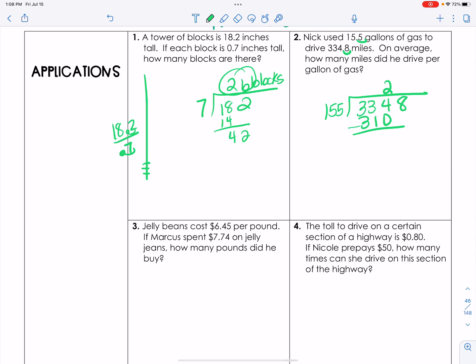So if I subtract and I bring down the 8, then I know this is a 1 because it was 310, and I subtract and I get 93, I'm going to add a 0 and bring that down. So does 155 go into 930? So 930 divided by 155 is 6. It does. So 930. So my answer is 21.6 miles.